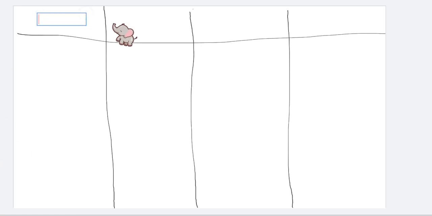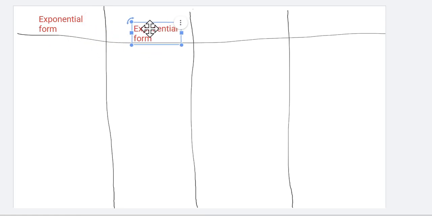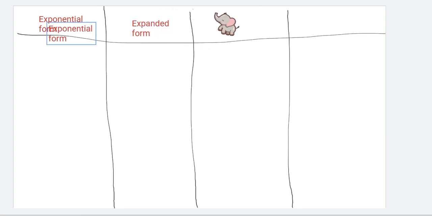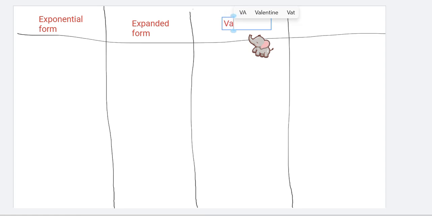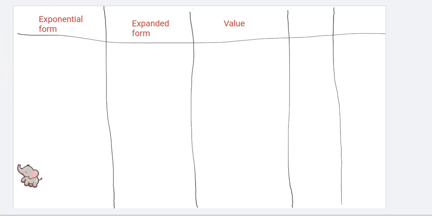This column is the exponential form, this over here is your expanded form, and then this is your value. And I have to add 2 more columns.